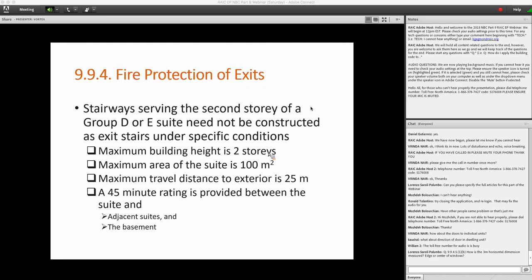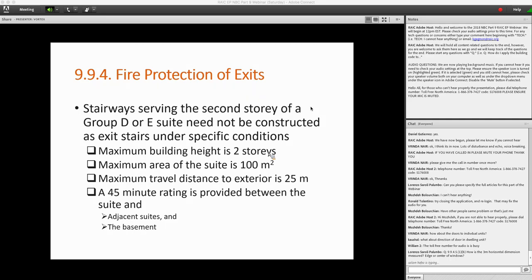The criteria is that the building height would have to be not more than 2 stories. The maximum area of the suite, remember we're talking about the suite here and not the floor area or the building area, would have to be not more than 100 square meters, and the travel distance to the exterior would have to be not more than 25 meters.